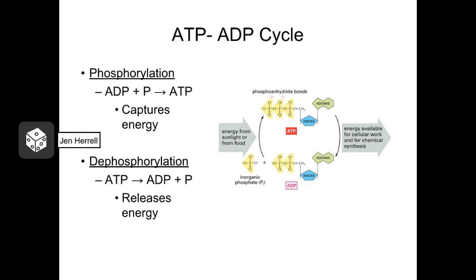Glucose metabolism, or cellular respiration, which we're going to get into in more detail in a minute, is largely about this part of the cycle, about taking ADP, adenosine diphosphate, and phosphorylating it. Where does the energy come from for that? Well, that's the breakdown of glucose. Energy is funneled out of glucose and used to build as much ATP as possible.